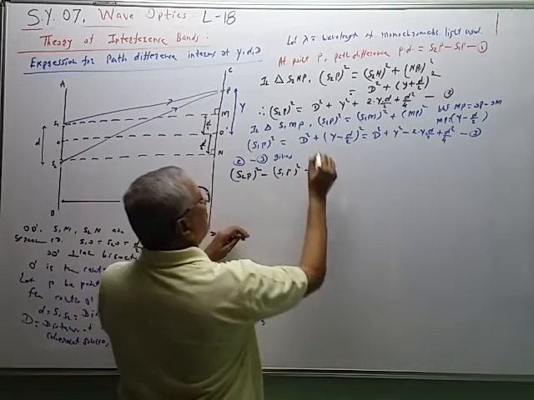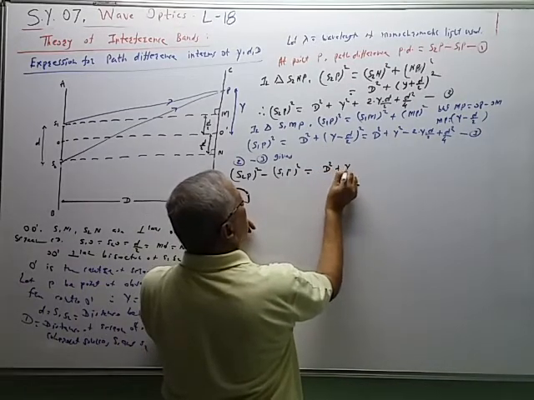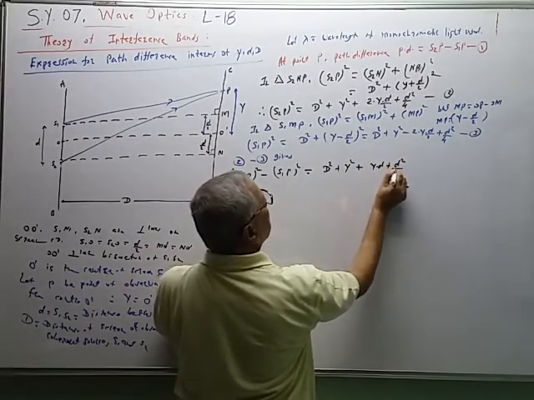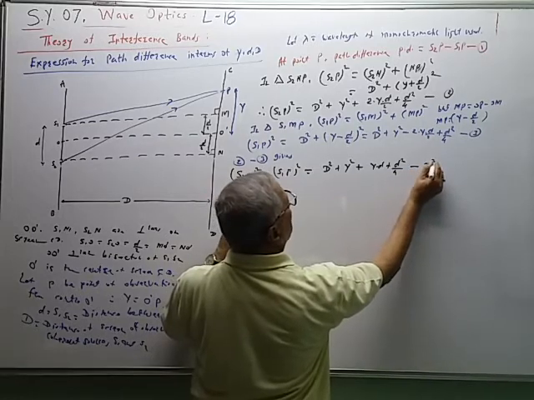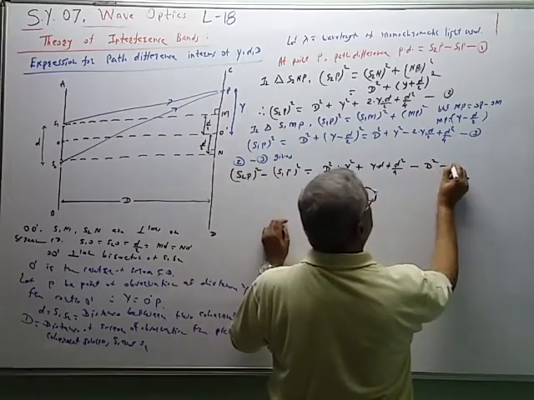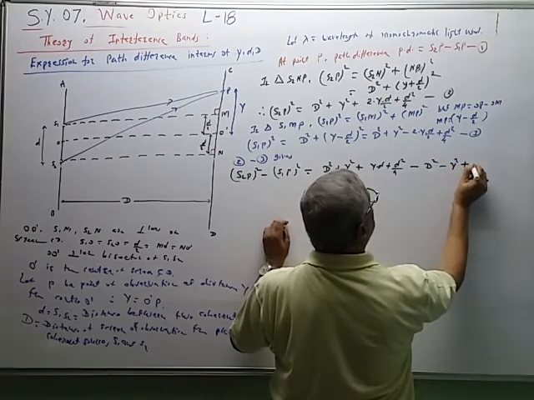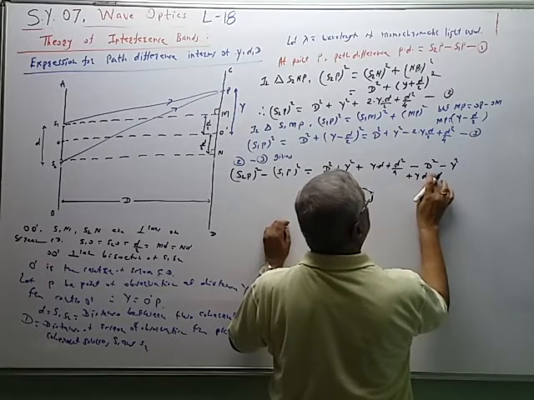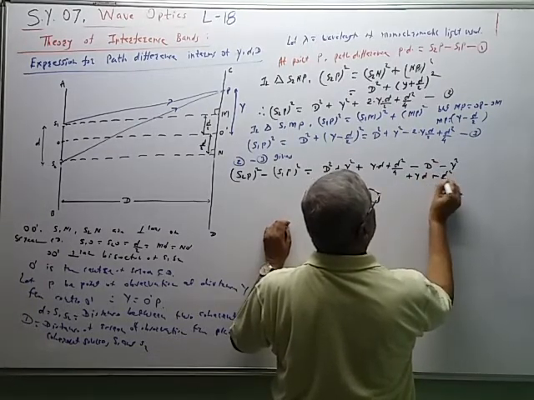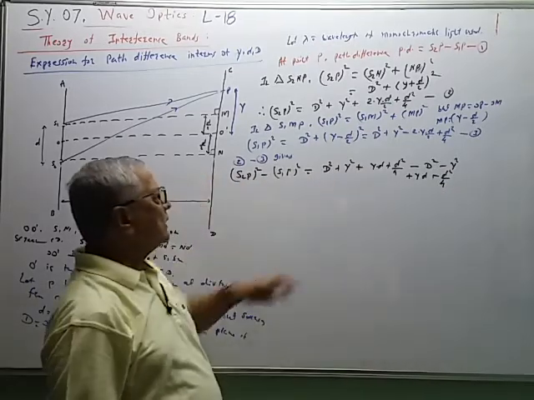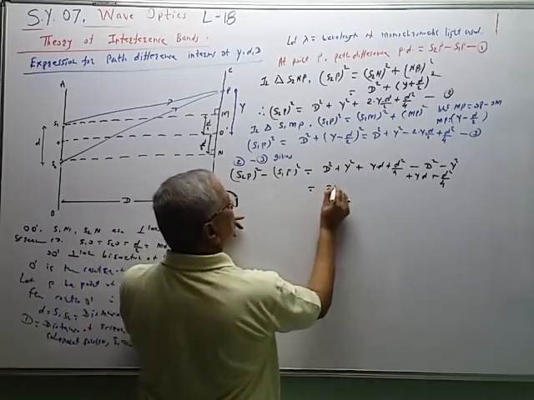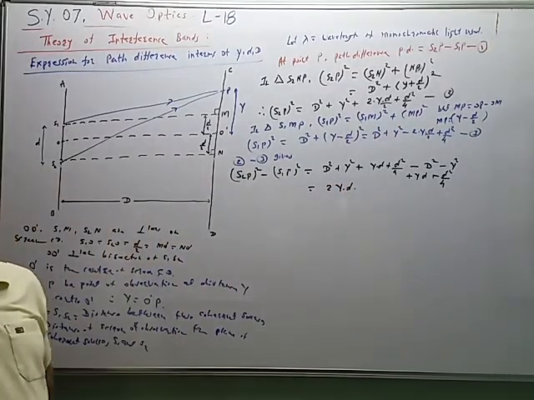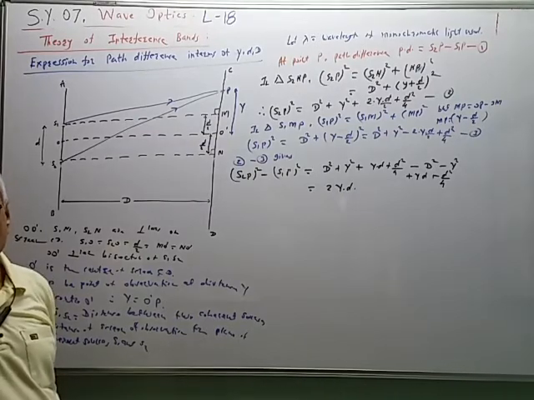This is D square plus y square plus yd plus d square by 4 minus D square minus y square plus yd minus d square by 4. So the D squares will get cancelled, and this is nothing but only 2 times yd. This is the simplification. The right hand side is only 2 times yd.